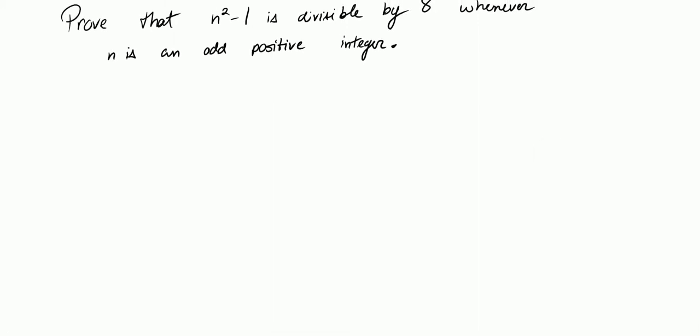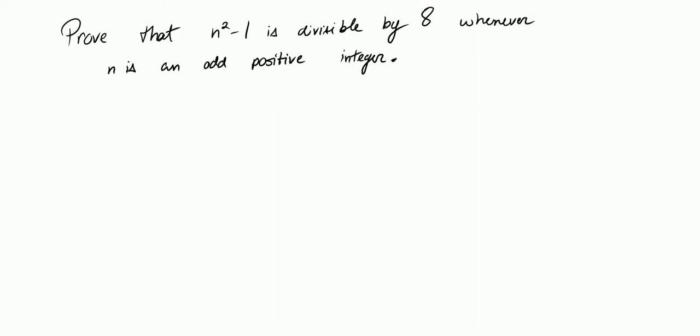So in this video, I'll be introducing a new use for induction proofs, which are divisibility or multiples kinds of proofs, where you're trying to prove that an expression, in our case n squared minus 1, is divisible by an integer or another expression.